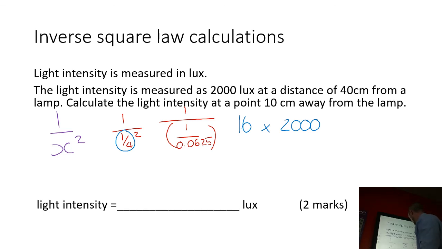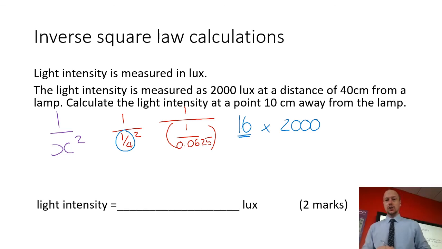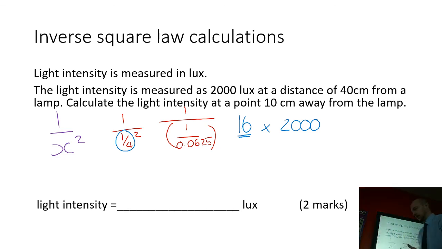If we did 1 over that, you would get 16. So if you did that on your calculator, 1 over x squared, where x is now a quarter, you would get 16. So 16 times 2,000 is going to be 32,000.